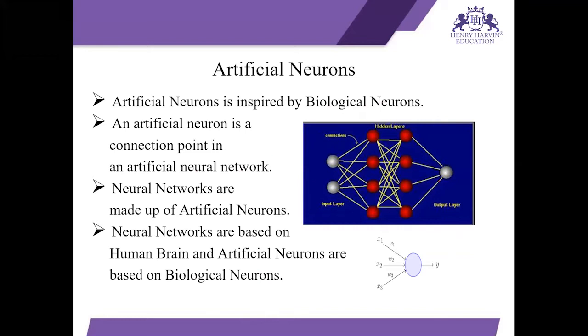Here, neural networks are made up of artificial neurons, and neural networks are based on the human brain, and artificial neurons are based on biological neurons. So this is almost similar to the biological neuron. Here you can see some input and some output, right? Some processing is going on.